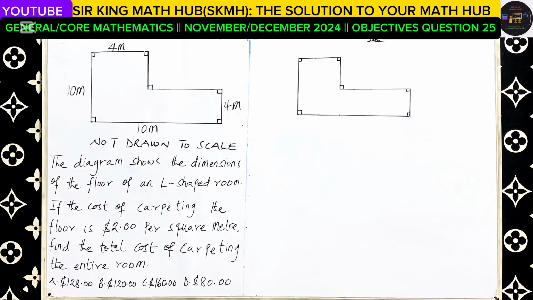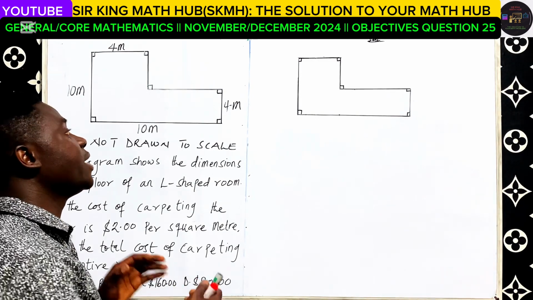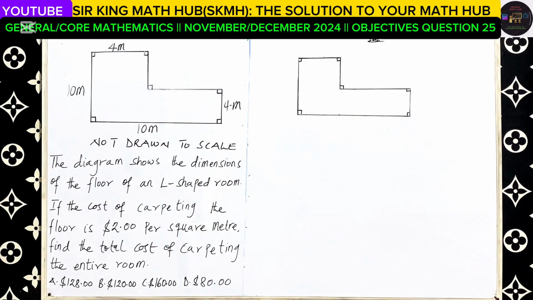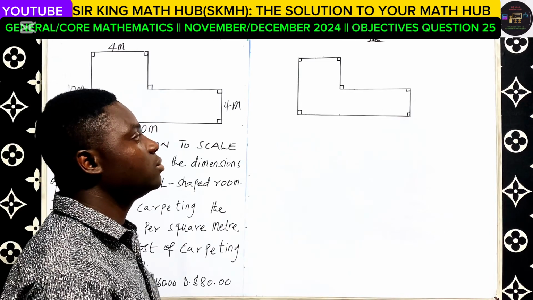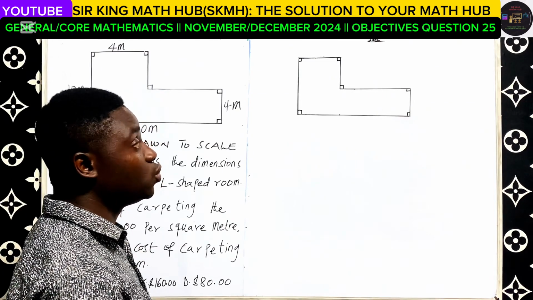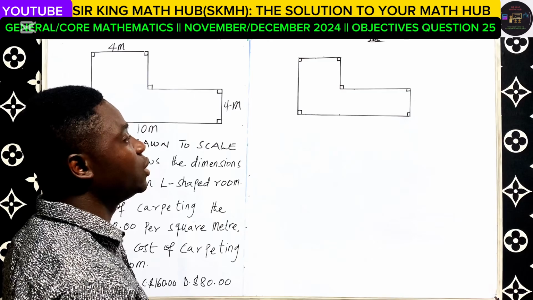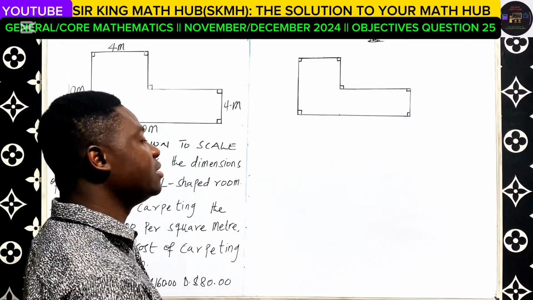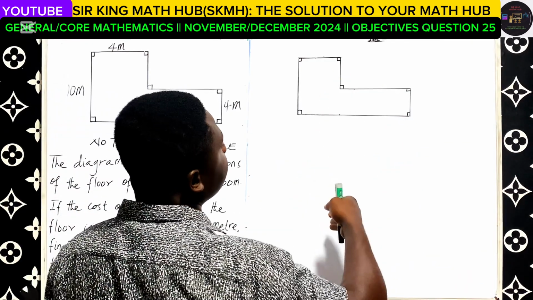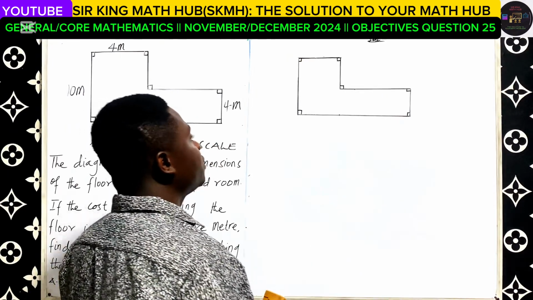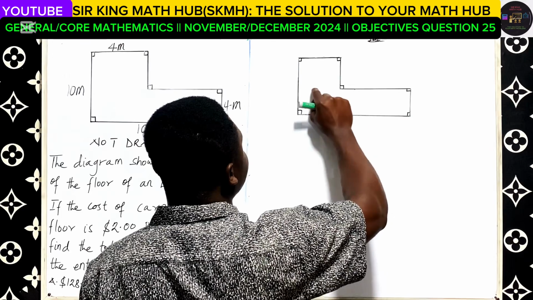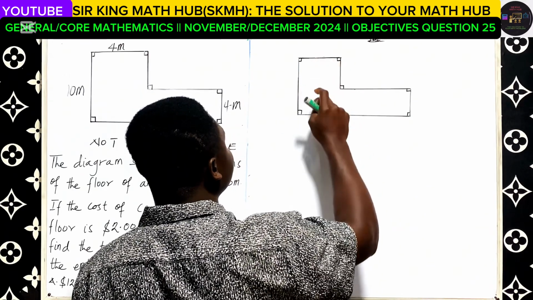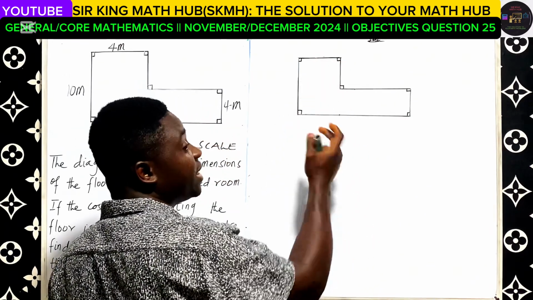To find the cost, first of all, we need to find the area of the entire room. So how do we do that? Let's divide the floor into two. You have a choice. You can decide to divide it vertically or horizontally. If you want to divide it horizontally, you divide along this line so that you have two different areas.